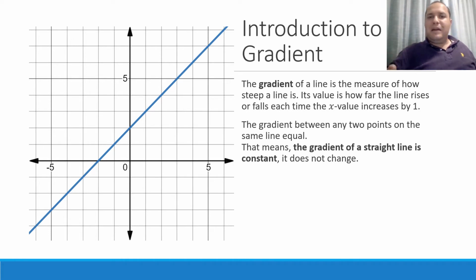Another way to think about it is how far a line rises or falls each time the x value increases by 1. Now, for this line here, for example, if we want to think about our gradient, we have to think about how far the line rises or falls each time our x value increases by 1.